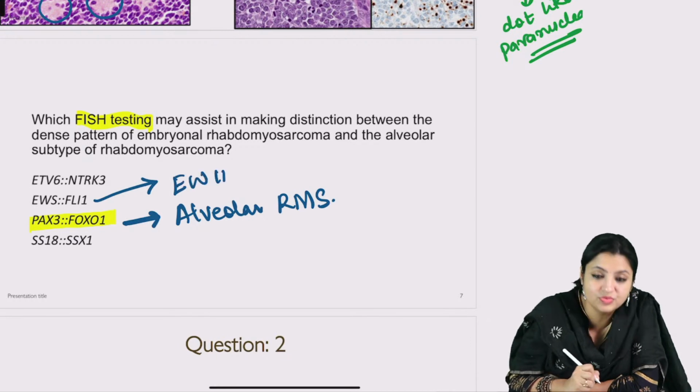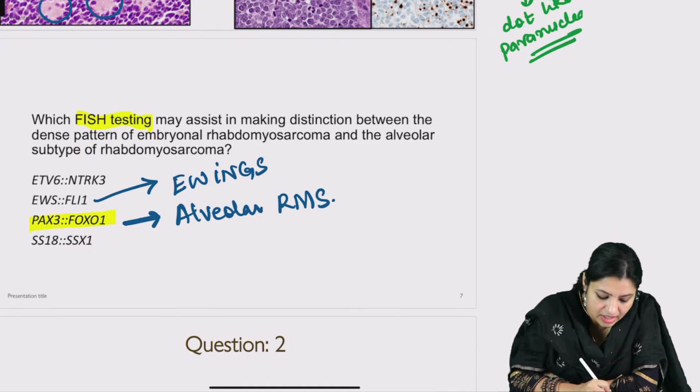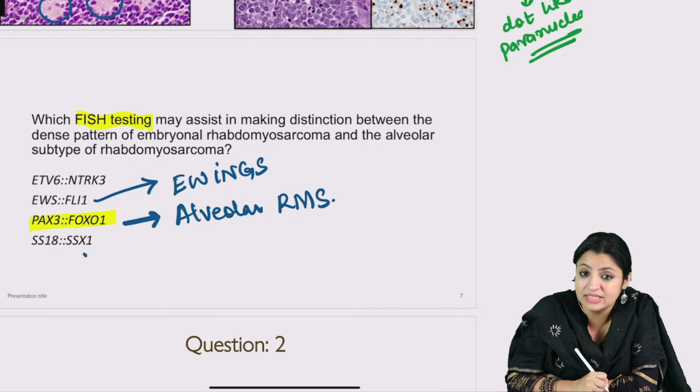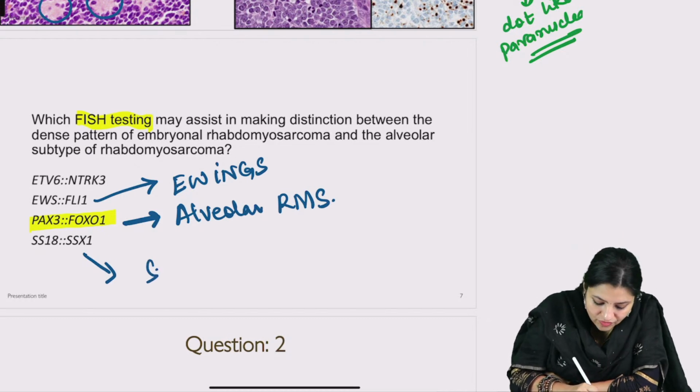So the case with which we started is a mutation of Ewing sarcoma. Now SS18 and SSX1 is synovial sarcoma. The name itself says SS, that is synovial sarcoma 18.